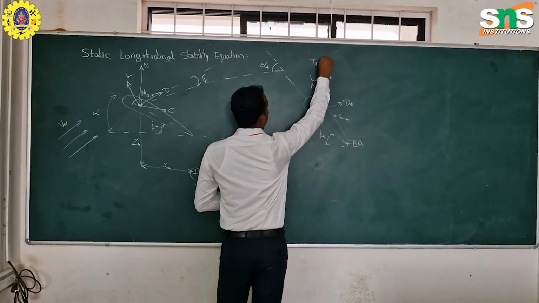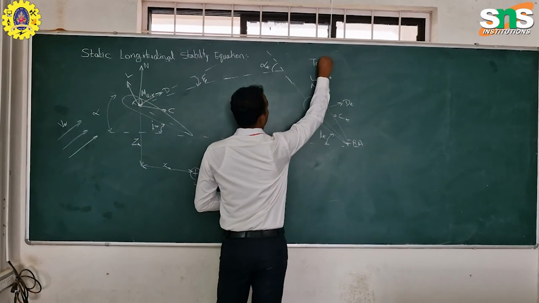Next, for the tail, we have force into perpendicular distance: the chordwise force C_t into L_t, whereas the normal force of the tail N_t into X_t will be negative. Here is C_t into H_t, plus the moment about the CG for the tail.